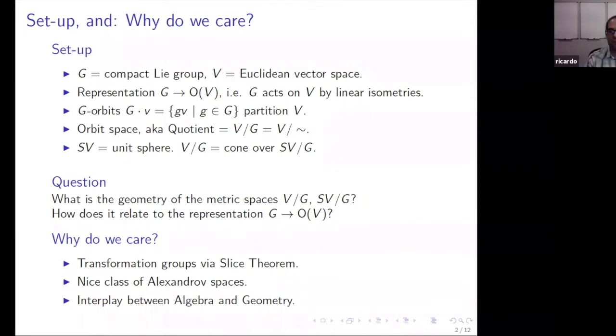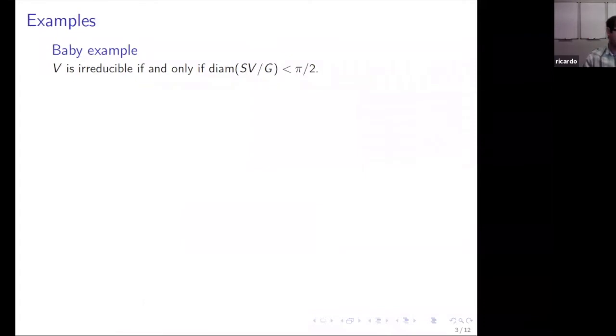And let me give you probably the simplest example that you can think of of this interplay between algebra and geometry. This is a well-known result. I'm going to call it the baby example. And this is about diameter. So the simplest algebraic property of a representation you can think of is whether it's irreducible or not, right?